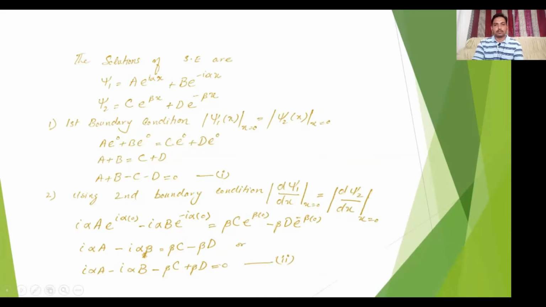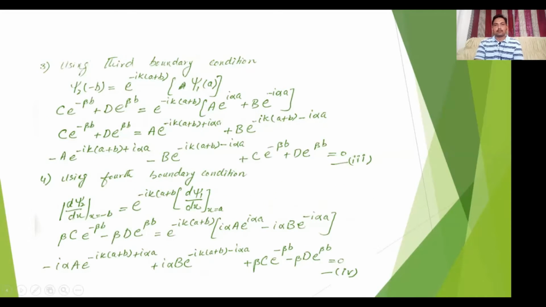Okay, so you take derivative. So on the left side, you have derivative of psi 1. On the right side, you have derivative of psi 2, and x is replaced by 0. So when you simplify it, you get iota alpha a minus iota alpha b minus beta c plus beta d is equal to 0. This is our second equation.